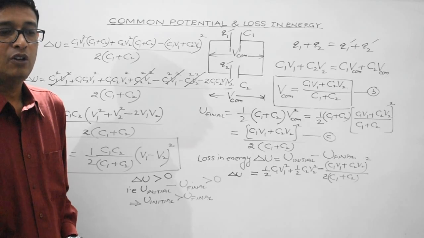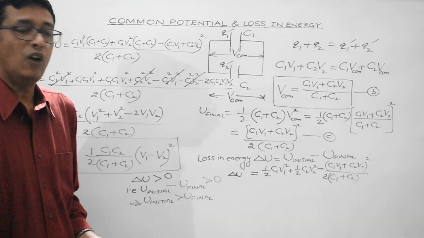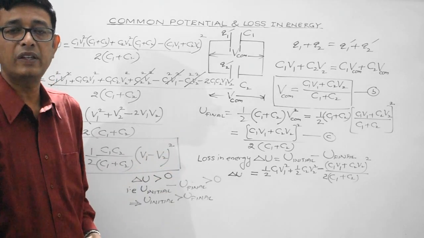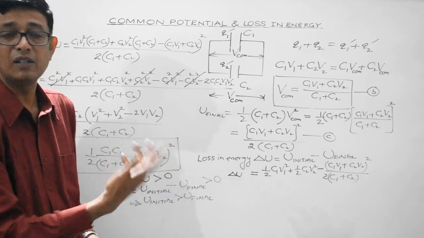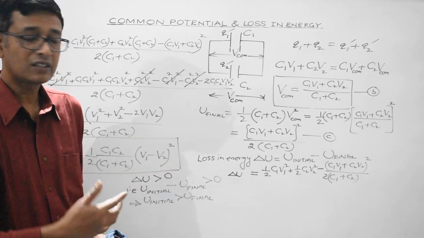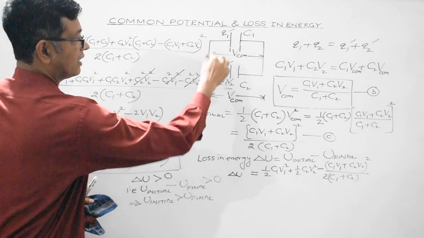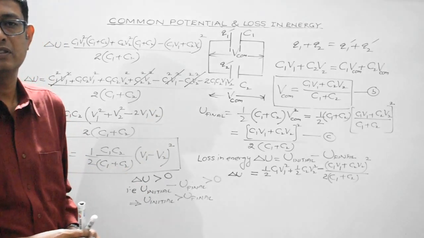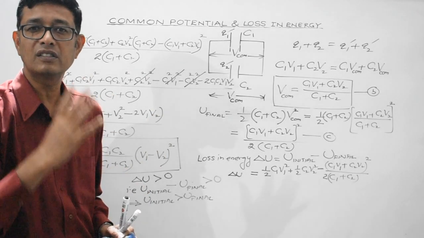One more thing, students. Can you predict where this energy loss takes place? Why is this energy loss taking place? It is because when the two condensers are connected with the connecting wire, we are not using superconductors, so the connecting wire offers some sort of resistance.